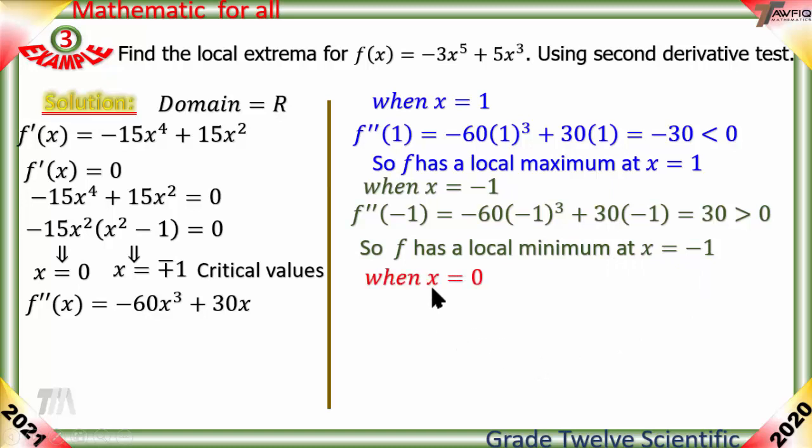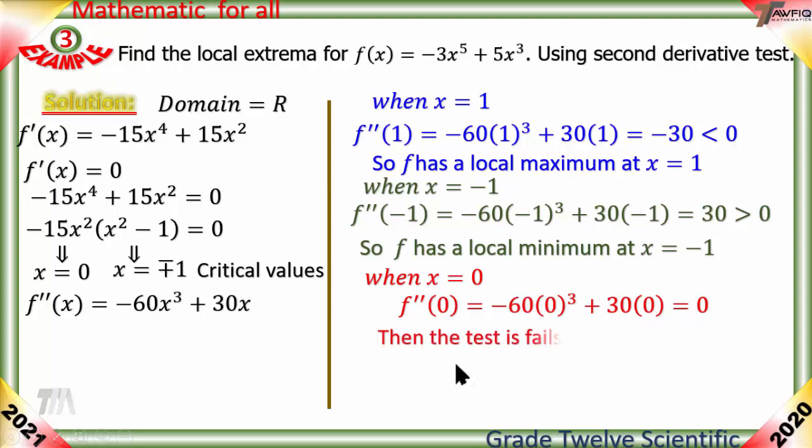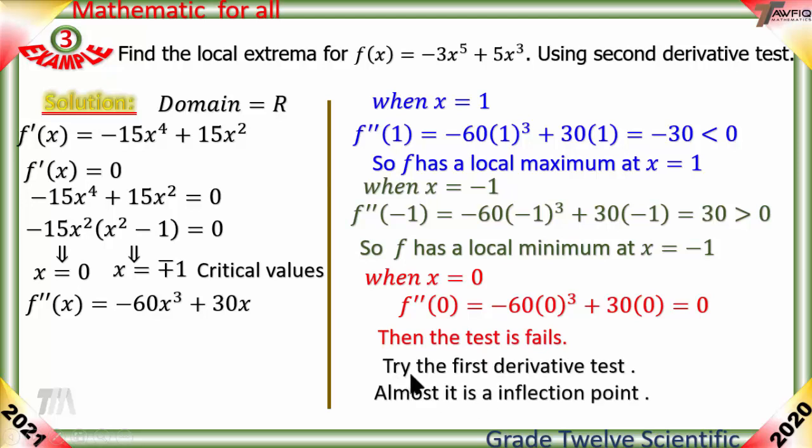And when x is equal to 0, then f''(0) is -60 times 0 cubed plus 30 times 0, which is equal to 0. Then the test fails, and we try the first derivative test. But anyway, x = 0 is an inflection point.